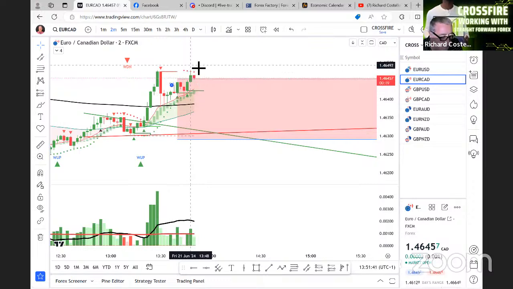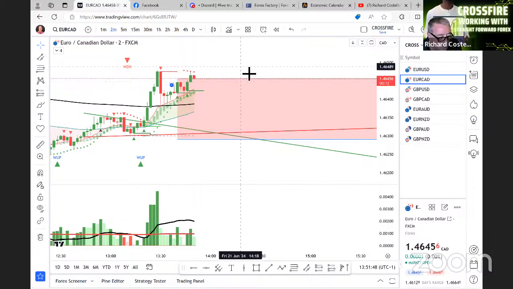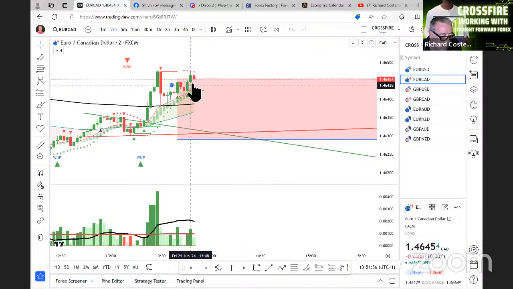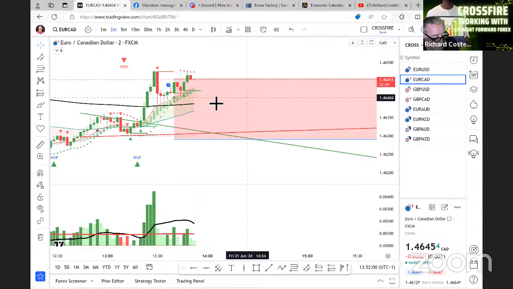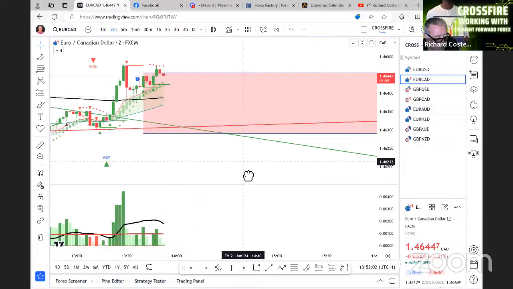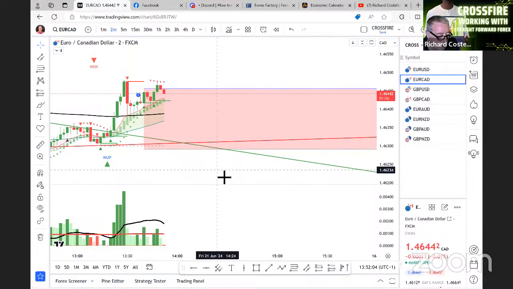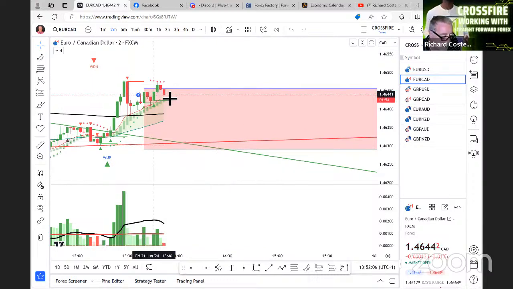So I got that first alert, and then I got a second alert when it started to creep back in again. So that's a bit of an anomaly with that setting, but it will definitely give you a signal when price goes outside the box. But when I said before, I get the alert, I come back and analyze it, well, I can see immediately that it's now returning inside the box.